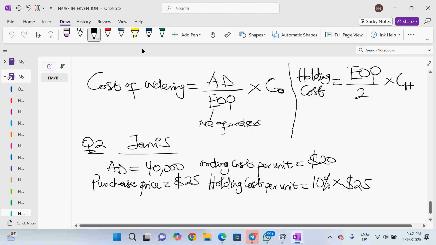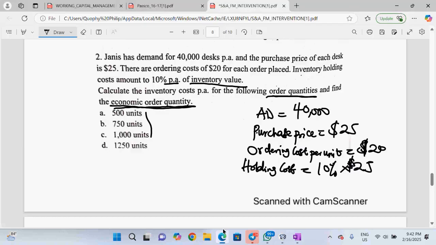So now they have given us different quantities, and they want to know which of them gives us the least cost. Either they order 500 units, or 750 units, or 1,000 units, or 1,250 units.